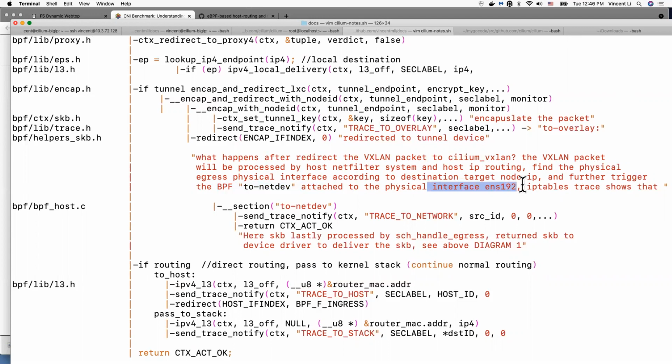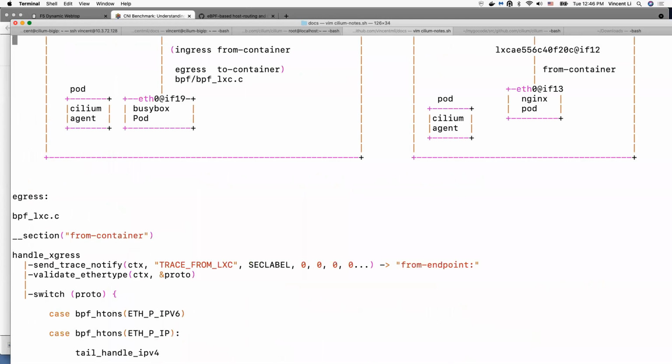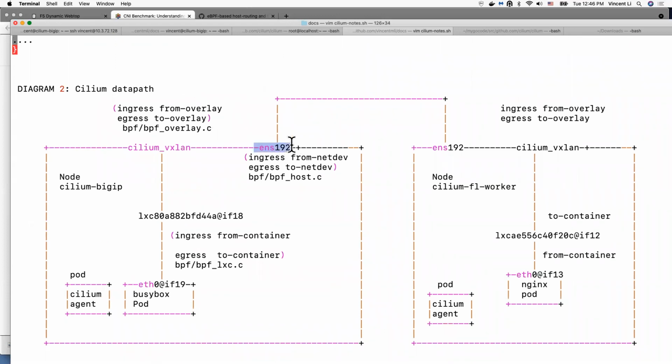In our diagram here, that's the physical interface, and it has a to netdev attached to it. So that's the last BPF program to process the packet.